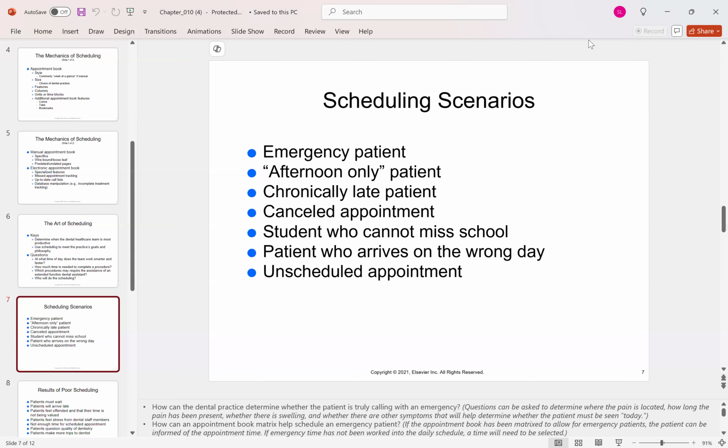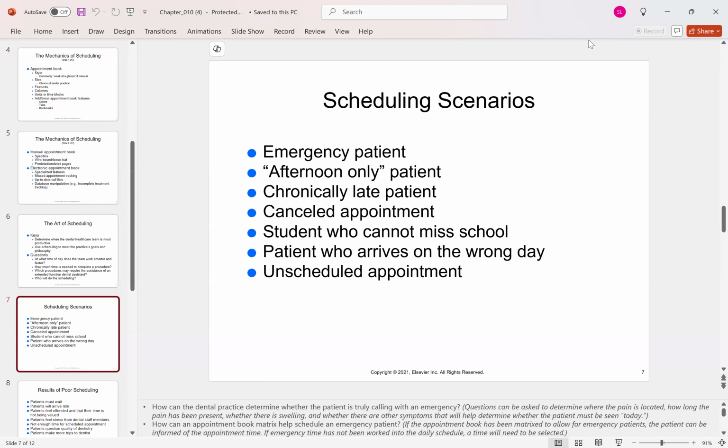So some of our scenarios: the emergency patient. We want to know when we're going to accommodate emergency patients because those happen quite often. Our patients who can only be seen in the afternoon, or even our patients who only want to be seen in the morning. Our chronologically late patient, so we need to know how we are going to handle that situation. Are we going to just schedule them a little bit earlier?